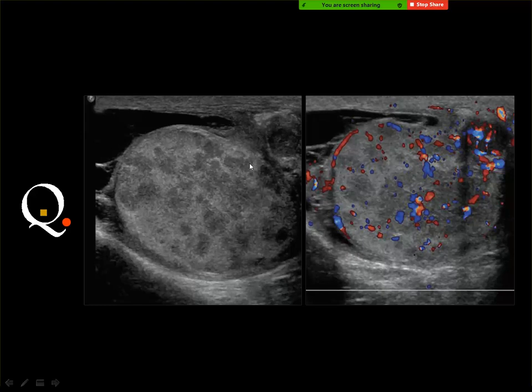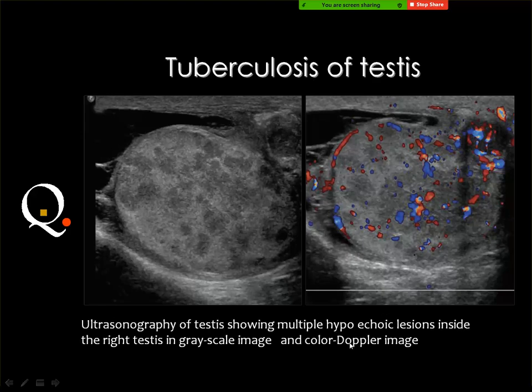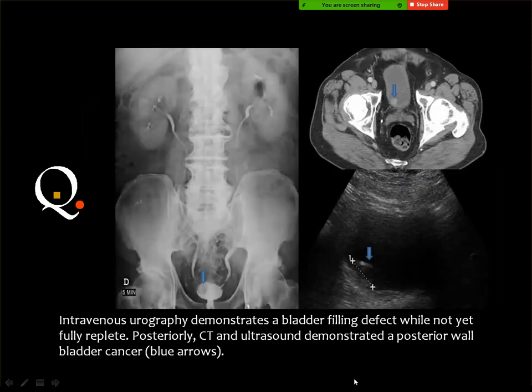But whenever you see infiltrations in the testis like this on ultrasound, there are a lot of differential diagnoses, and one of them is sarcoidosis, but sarcoid is not that vascular. And TB may show this vascularity, and also you may expect the possibility of metastasis or lymphoma, and this was proved by biopsy to be TB of the testis.